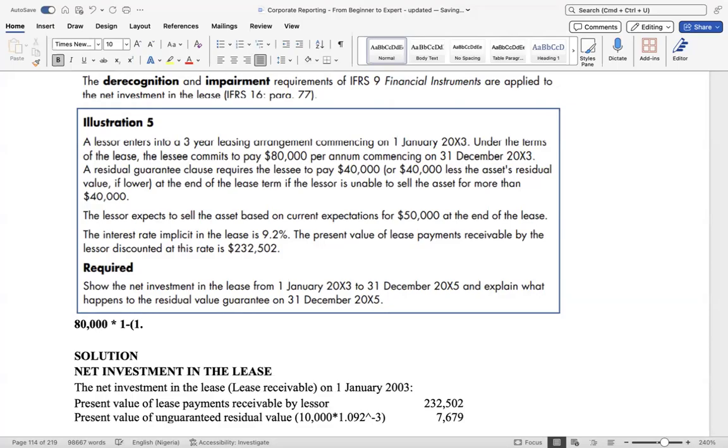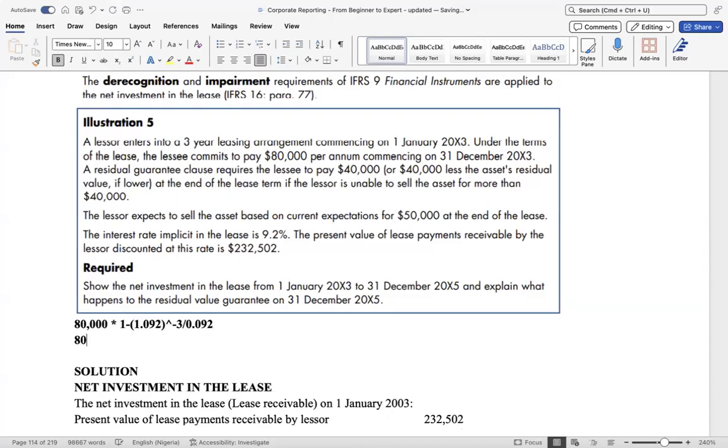In this case, r is 9.2%, so that's 1 plus 0.092, which is 1.092, raised to power minus 3, because 3 is the lease term, divided by 0.092. So that will be 80,000 multiplied by, does anybody have a calculator? Can you press this? What would you get?